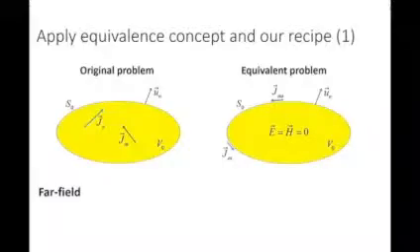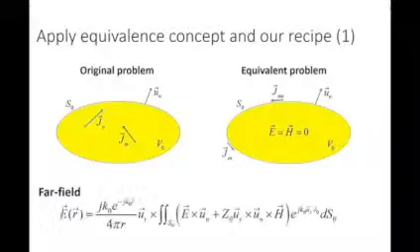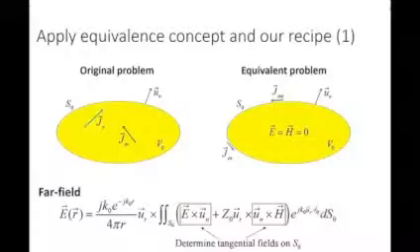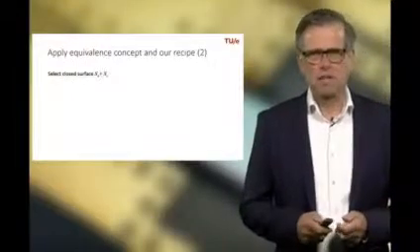Once we found that, we can determine the far fields using the recipe that we derived last week, where we first have to define a proper closed surface S0, and we have to find the tangential field components on this closed surface. So the first step is to select a proper closed surface.